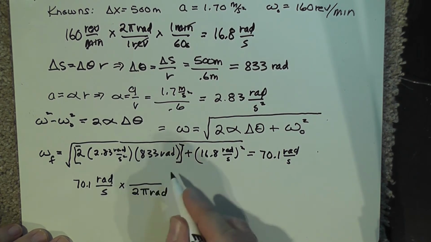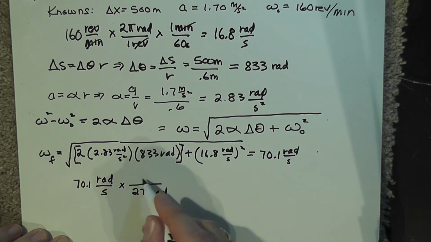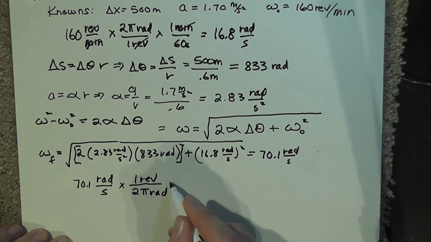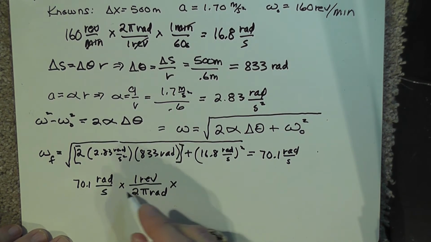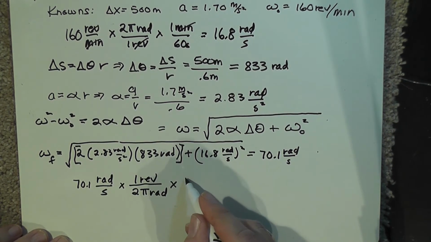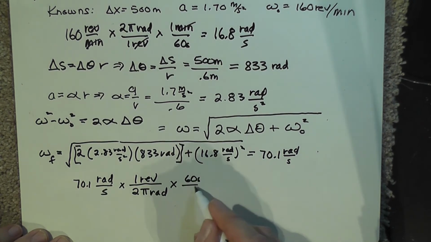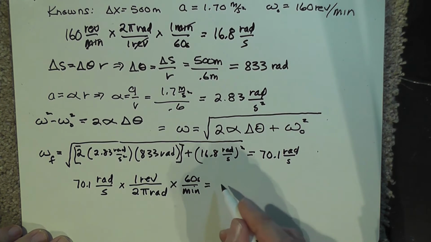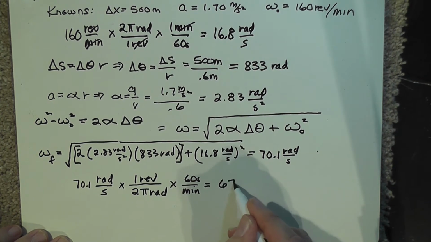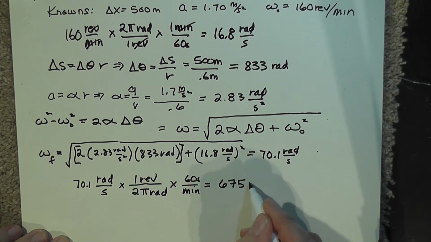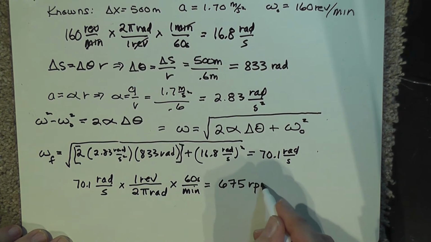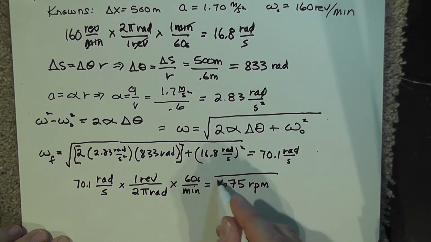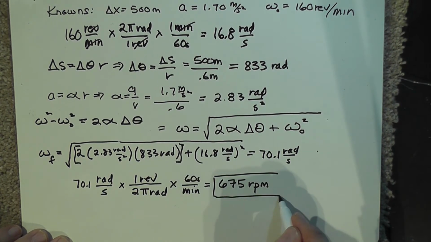And up here we will put 1 revolution. And we're going to do the time part now, which is 60 seconds in 1 minute. Okay, and this comes out to approximately 675 RPM. So we've answered part A.